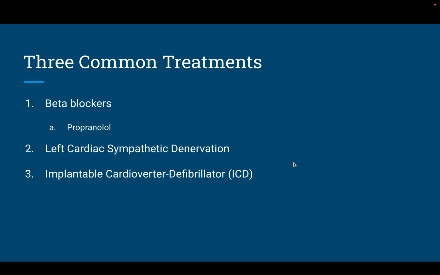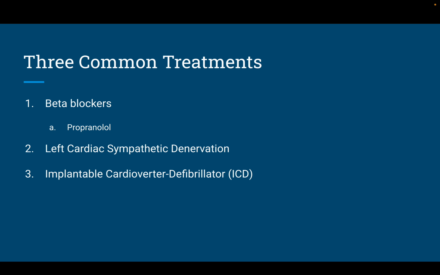Treatment. So we have three treatments that you commonly see for people with prolonged QT syndrome. First is a beta blocker, and the most common one that is prescribed is propranolol. Left cardiac sympathetic denervation, or LCSD, is another treatment, and basically this is just going to take away the sympathetic response, so you aren't able to have that pathophysiological response to episodes of excitement or being startled.